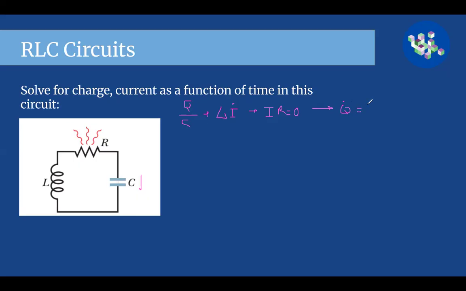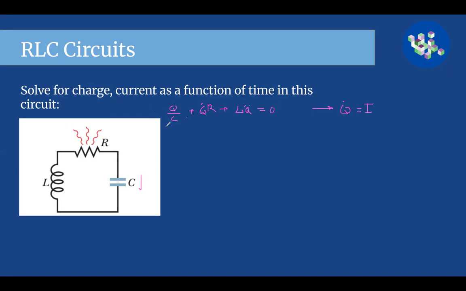So I can change my differential equation into this: Q over C is still there, and for the current, it's Q dot times R, and then L I dot would be L times Q double dot. That equals 0.